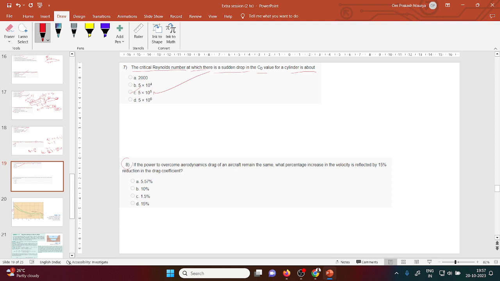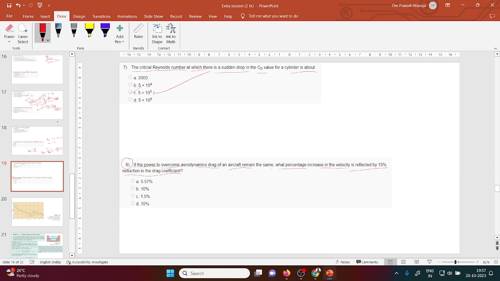Question number 8 is telling: if the power to overcome the aerodynamic drag of the air remains the same, what percentage increase in the velocity is reflected by a 15% reduction in the drag coefficient?